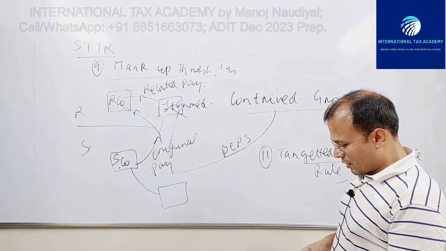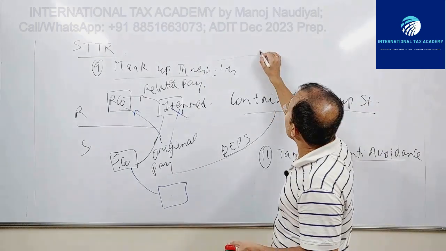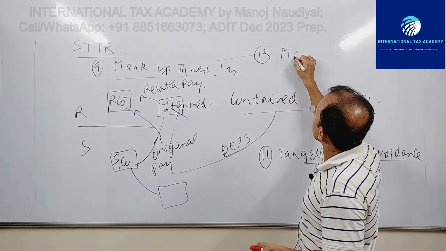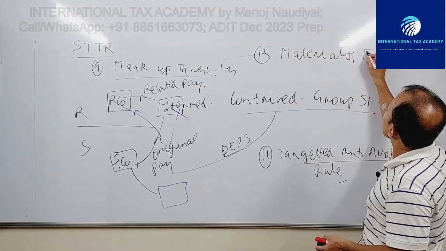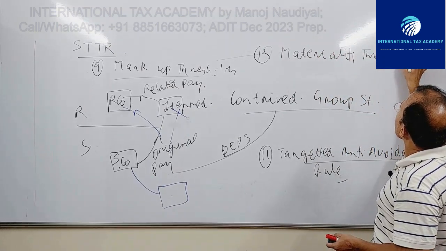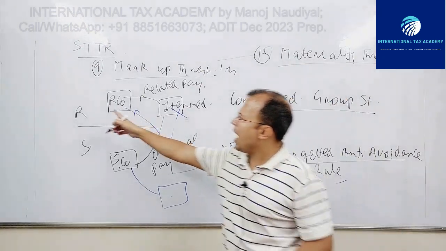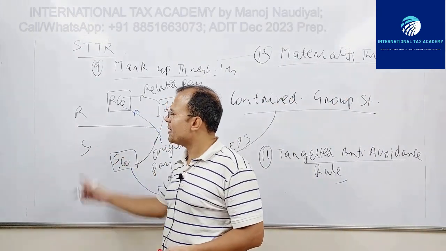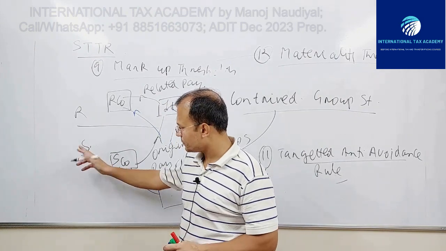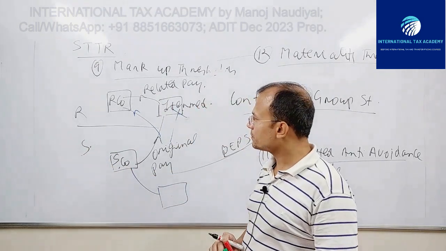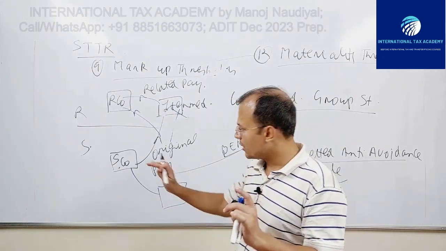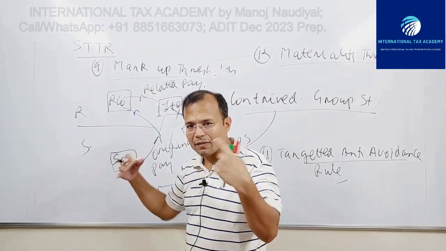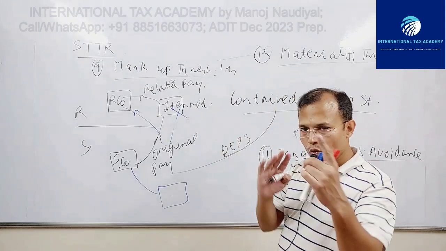Eleven. Twelve, materiality thresholds. R and S, S developing, R developed. STTR will come into the picture only when the smaller of the economies is a developing economy. There are two categories.